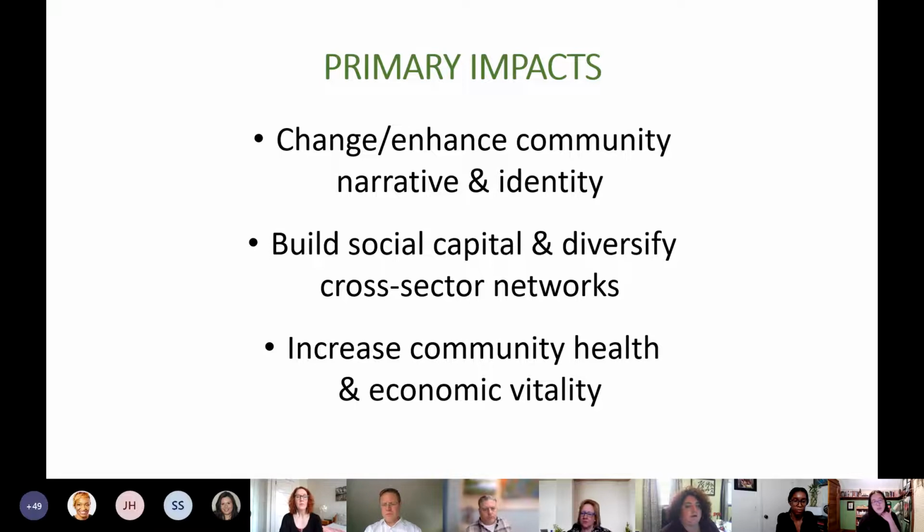So the three buckets. The first bucket is changing and enhancing community narrative and identity. Oftentimes the stories that come out of sharing these artist projects help a community see itself differently internally. They see their neighbors, they see their community members being active, being leaders with a small L, inviting them to do things, helping people connect.